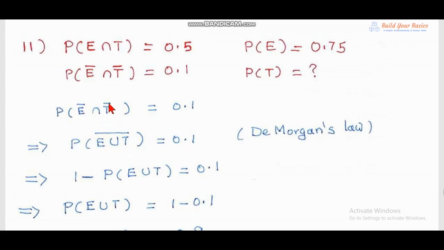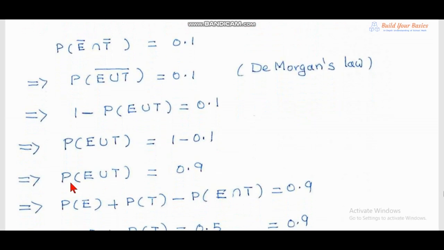Intersection of complements is complement of union. Now we know probability of A bar equals 1 minus probability of A. So probability of (E union T) bar is 1 minus probability of E union T, equal to 0.1. That is probability of E union T is 1 minus 0.1, so probability of E union T equals 0.9.